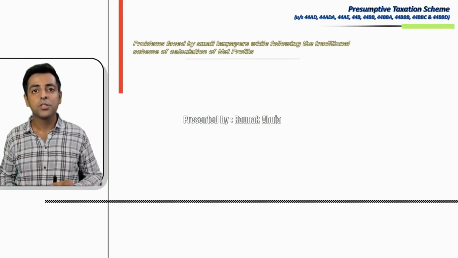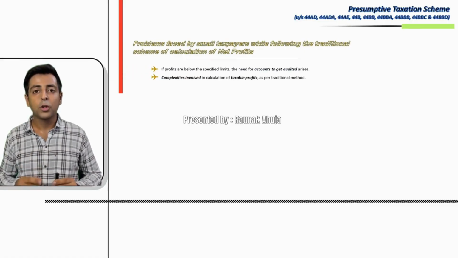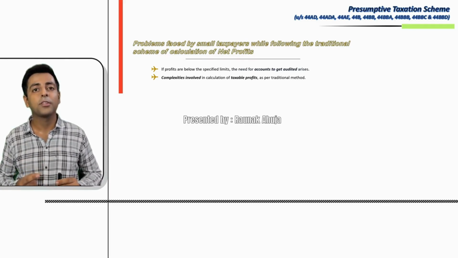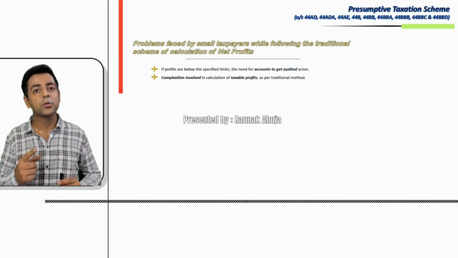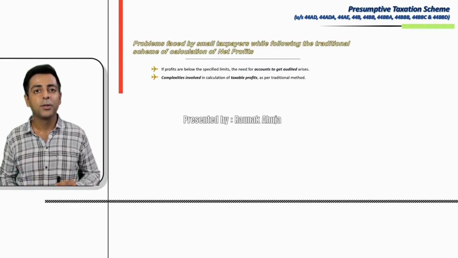The other problem was, if your profits go below the specified limit, then in such a case, the small taxpayers were supposed to have their books of accounts audited under the Income Tax Act. That is, they were supposed to get their accounts audited as per section 44AB, which is the provisions relating to the tax audit.